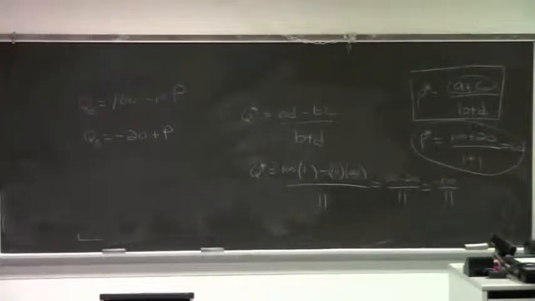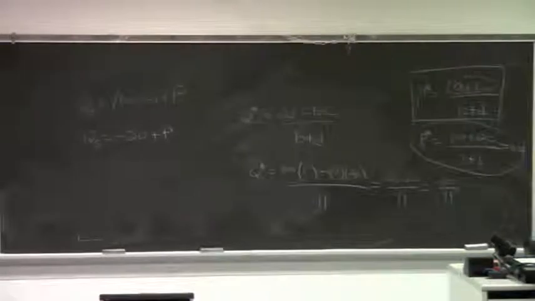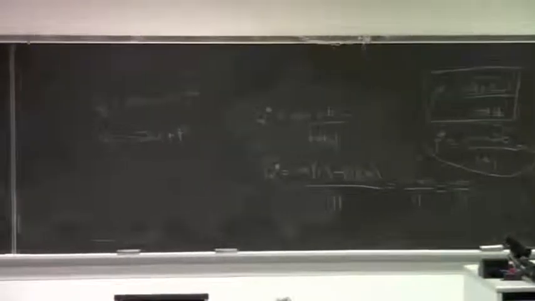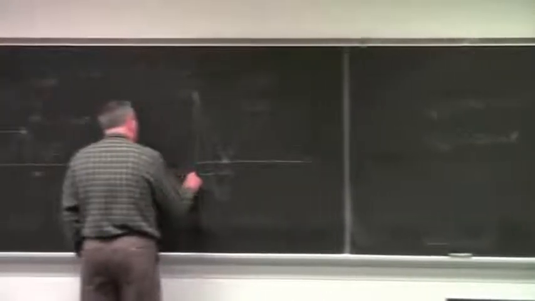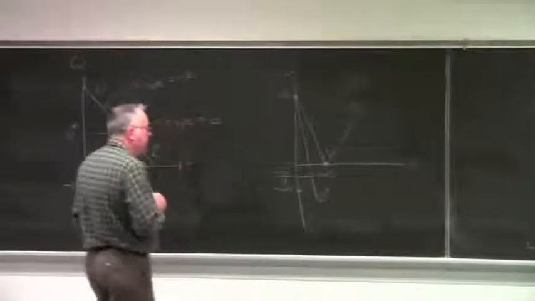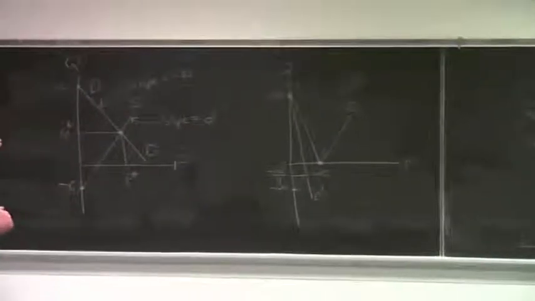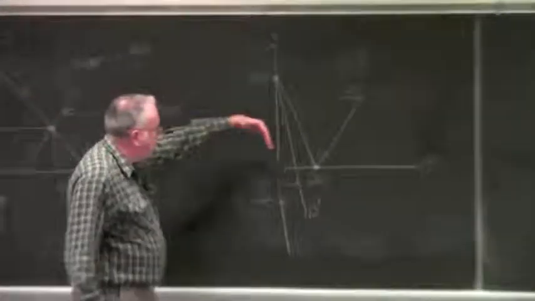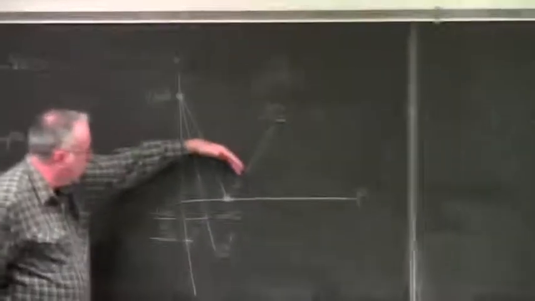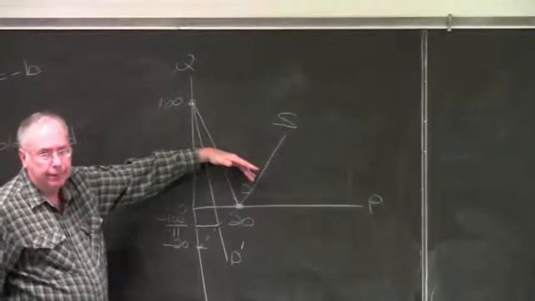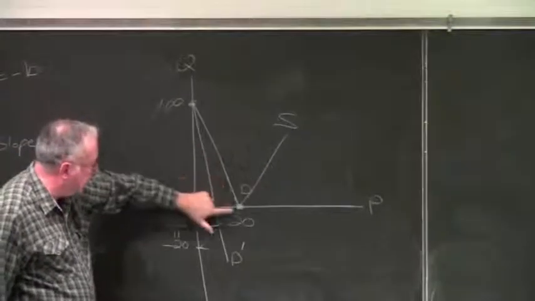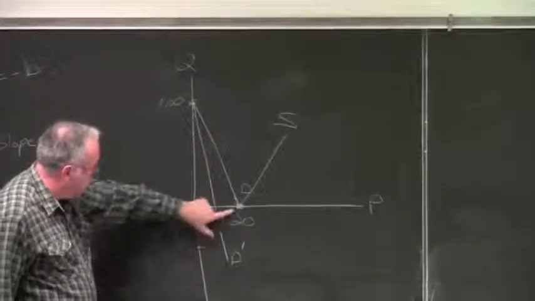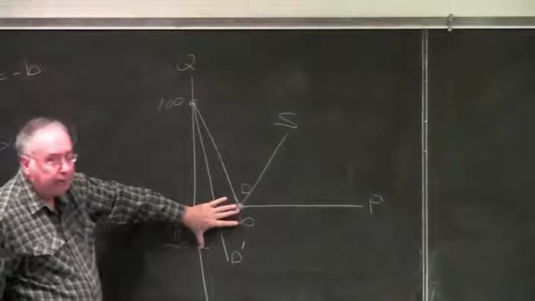And that would be this intersection right here. Now, typically, the demand curve will intersect the supply curve in this region where quantity is positive. If it intersects down here in this region, then you wouldn't actually observe this market.